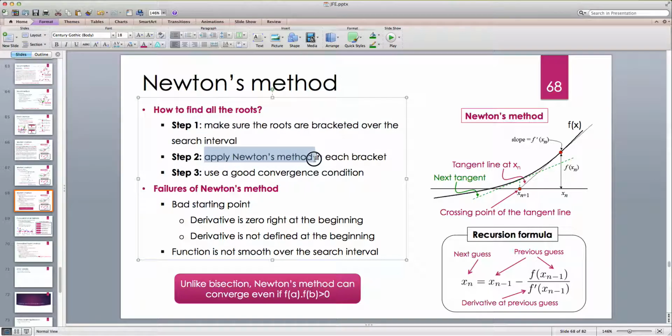And then we apply Newton's method in each sub-interval, and we have to figure out a good convergence condition for Newton's method in each sub-interval. As I mentioned, even if fa times fb is positive, which means the interval of a and b may not be a valid bracket for the root, and that causes the bisection, trisection, or secant method to potentially fail, Newton's method may very well converge to the root, right?